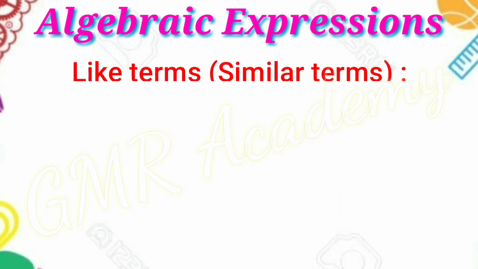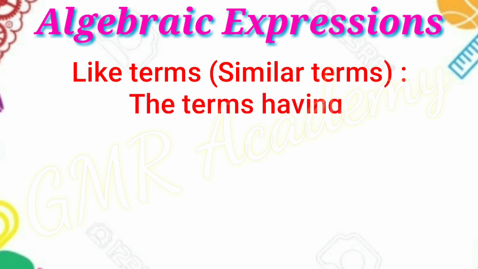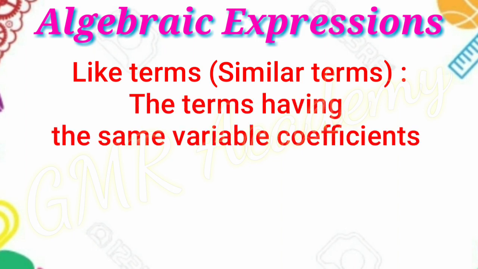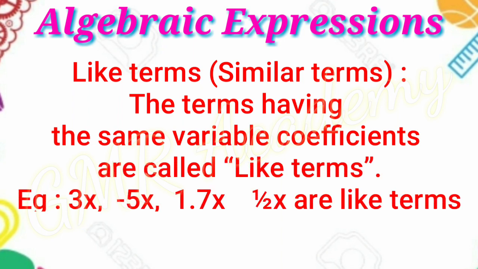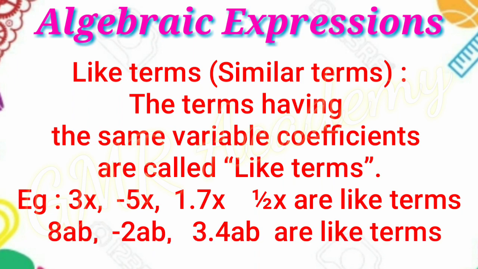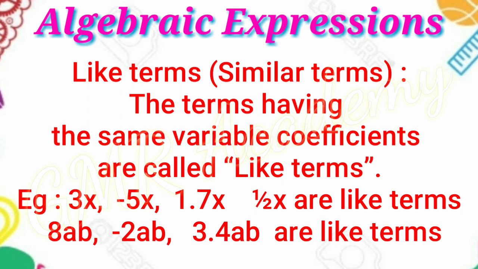Like terms or similar terms. The terms having the same variable coefficients are called like terms. For example, 3x, -5x, 1.7x, (1/2)x are like terms. In comparing this example, the power of the variable is the same and the coefficients are different.